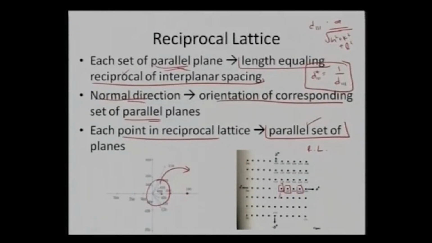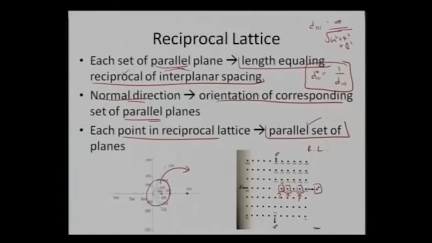So my 100 is here, 200 is out here, 400 is here. I can see a uniform or periodic distribution of all those points, which I can define by its vector quantity. Now I have a star, which is nothing but the reciprocal lattice, and on this side I have b star, and now I can see everything in 2D.